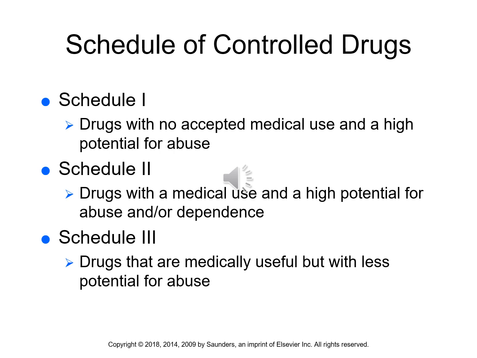Then your Schedule 3 drugs have a lower potential for abuse, and they do have some medical benefit. There's a low risk for dependency with these drugs. You have to have a secure storage area.